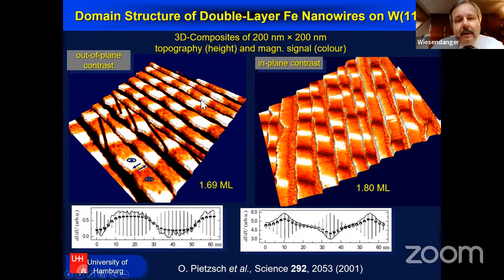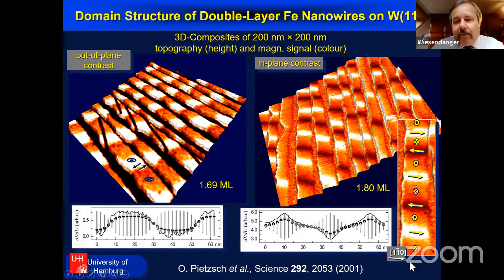So if we put the two information channels together, it means that we have a kind of spiral state along these magnetic nanowires of double layer iron on tungsten 110. And that was reported 21 years back in time.